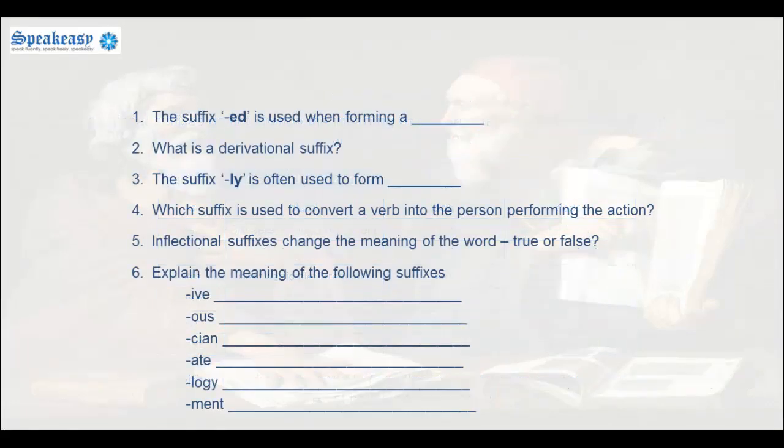Now to practice what we've learned. The suffix ed is used when forming a... What is a derivational suffix? The suffix li is often used to form... Which suffix is used to convert a verb into the person performing the action?